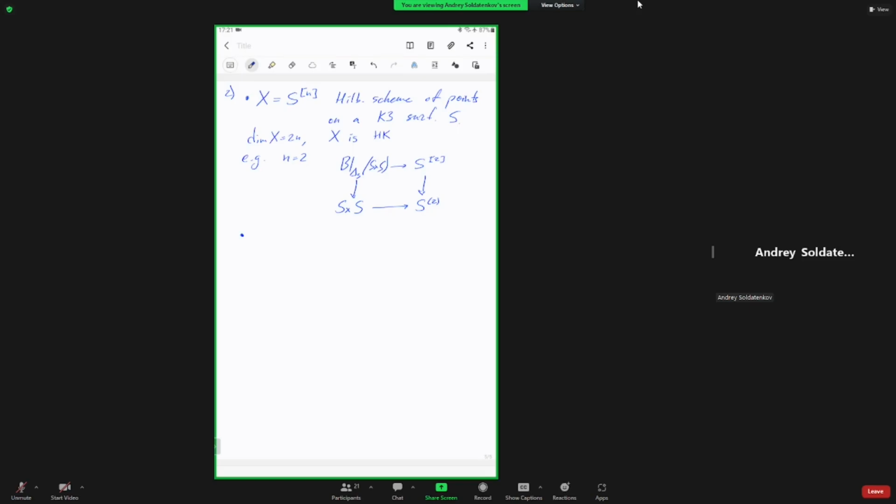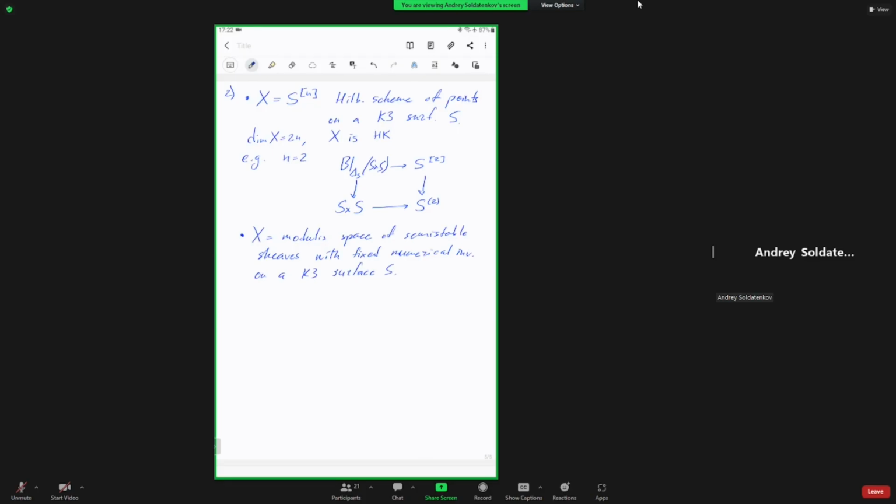What is the other way to obtain this deformation? We can consider more generally a moduli space of semi-stable sheaves with some fixed numerical invariants on a K3 surface S with respect to some polarization.